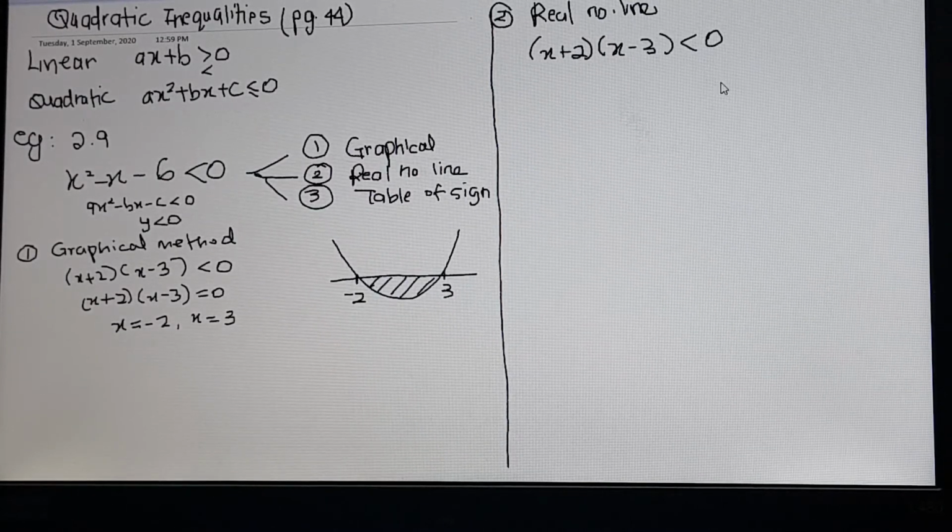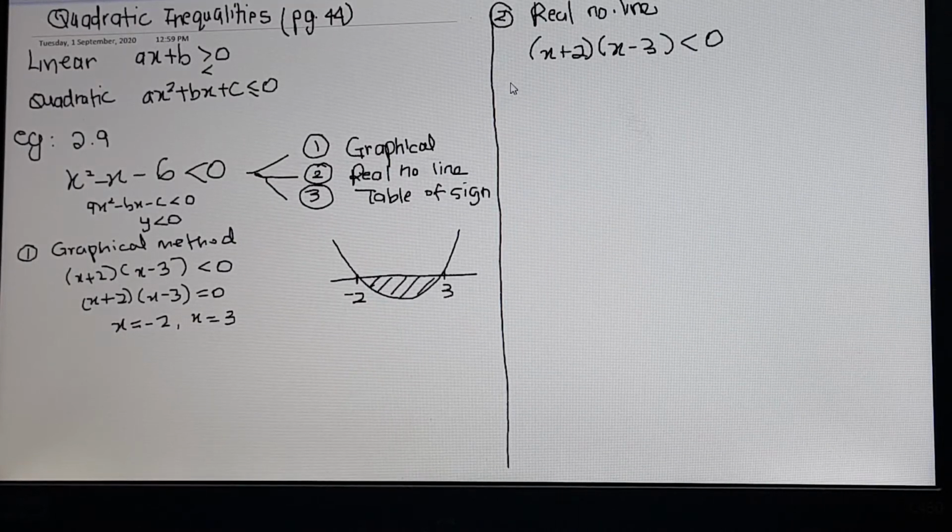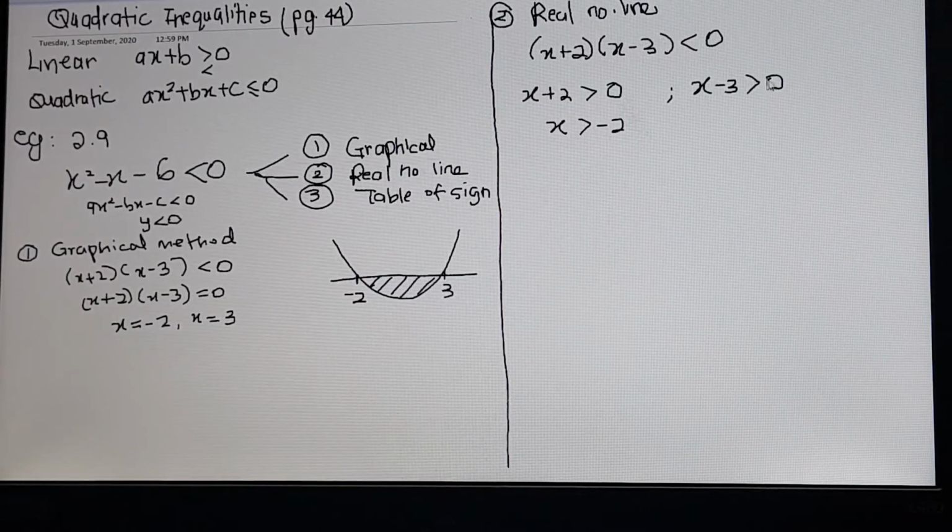Then you assume that each factor is greater than 0. So x plus 2 greater than 0, x here greater than negative 2. And x minus 3 greater than 0, so x here greater than 3.